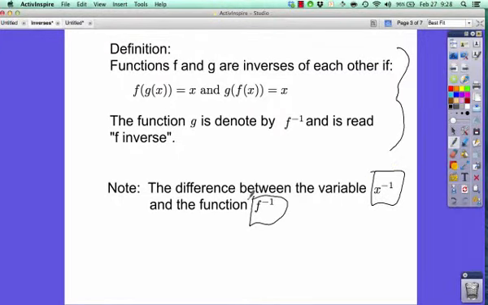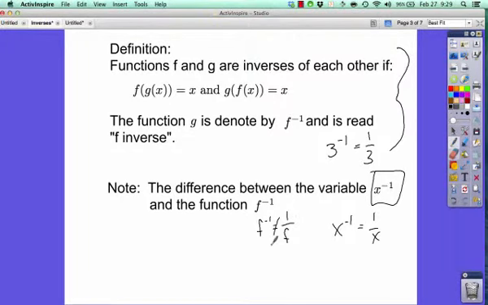When I'm talking about a number, let's say 3 to the negative 1, and x represents a number, so it's the same, x to the negative 1, this means 1 over x, or 1 over 3. But with a function, if I raise a function to the negative 1 power, it does not mean the reciprocal of the function. It does not.